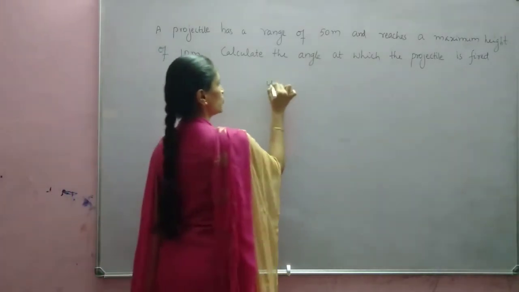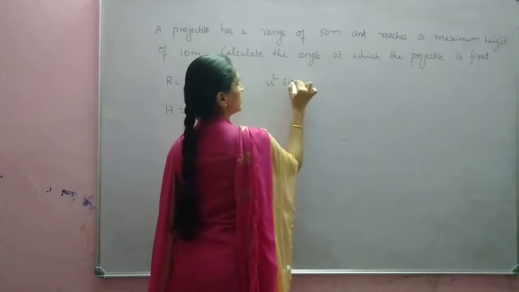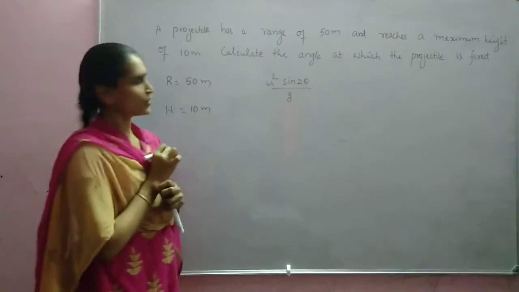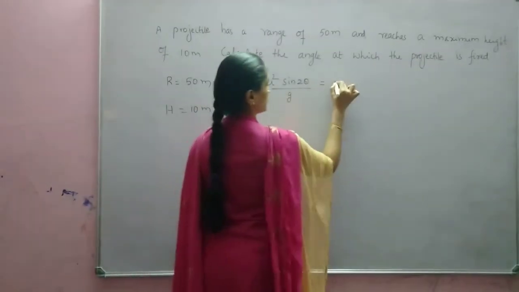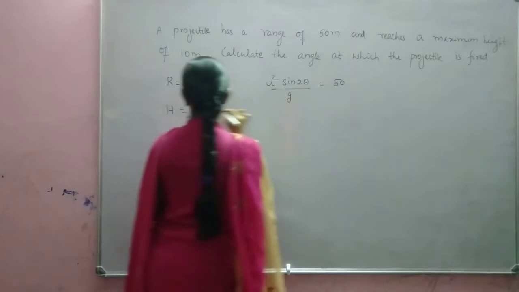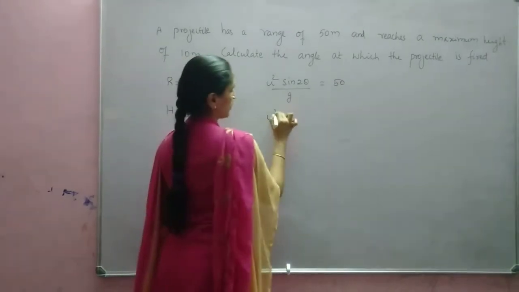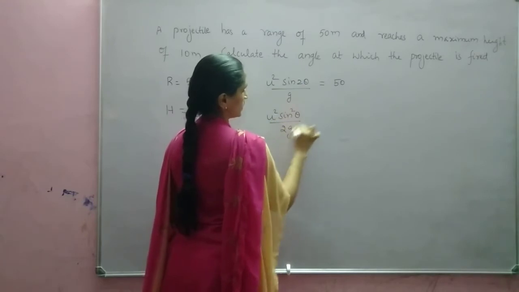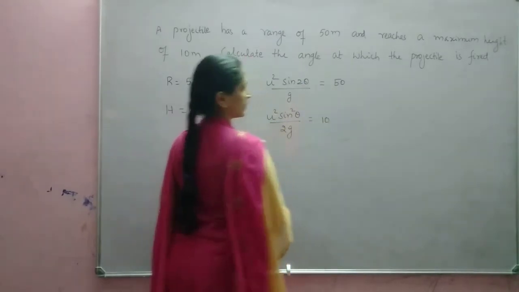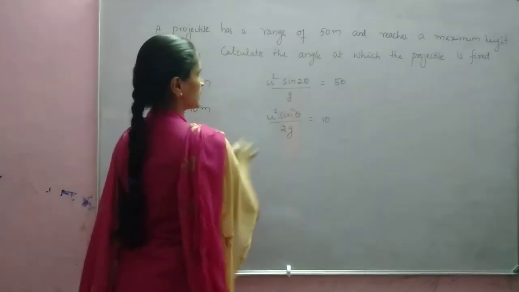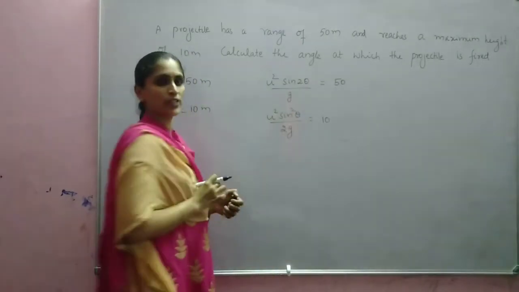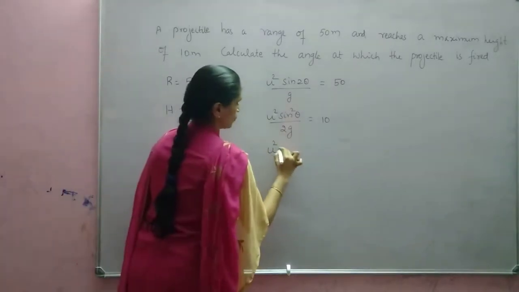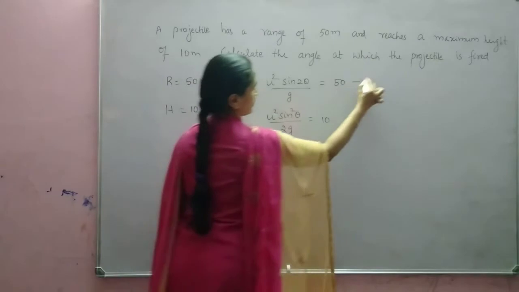Range is given by u square sin 2 theta by g, equal to 50. Then the height formula is given by u square sin square theta by 2g, equal to 10. This equation once again we can simplify. Instead of sin 2 theta we can write 2 sin theta cos theta. So u square 2 from we can write from 1.